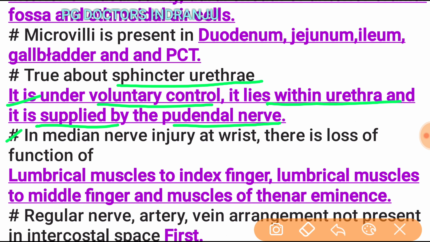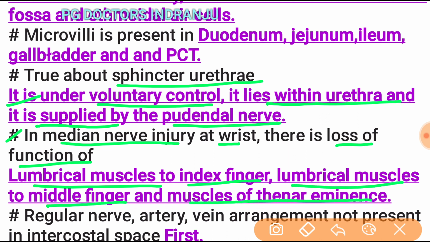Next, in median nerve injury at the wrist, there is loss of function of the structures the median nerve supplies: the lumbricals to the index finger, the lumbricals to the middle finger, and the muscles of the thenar eminence.